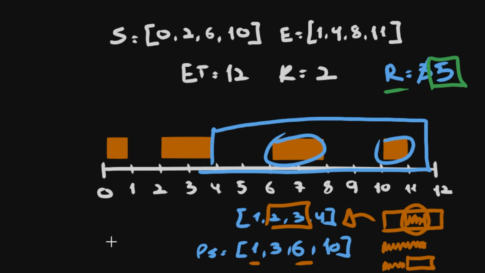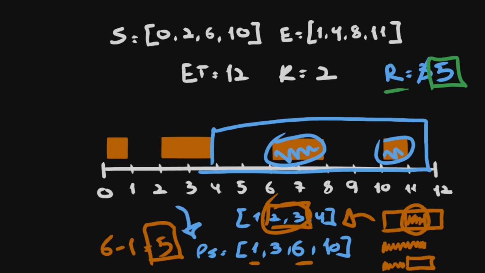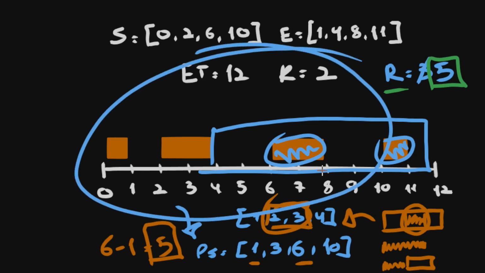So 6 minus 1 is 5. And the sum of these two elements is 5. So we'll use this technique to get the times for meetings at each step efficiently. Now, with all of this in mind, let's go with the code and hopefully you will get the idea.